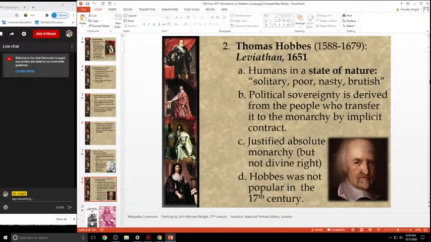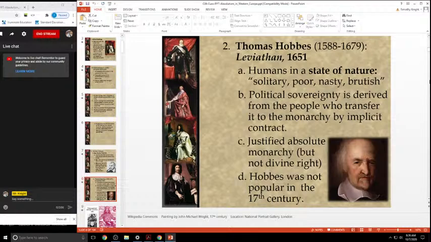willingly give up their freedom, give up their independence in order to be returned with safety, security, defense, law and order, okay, by the king. All right?